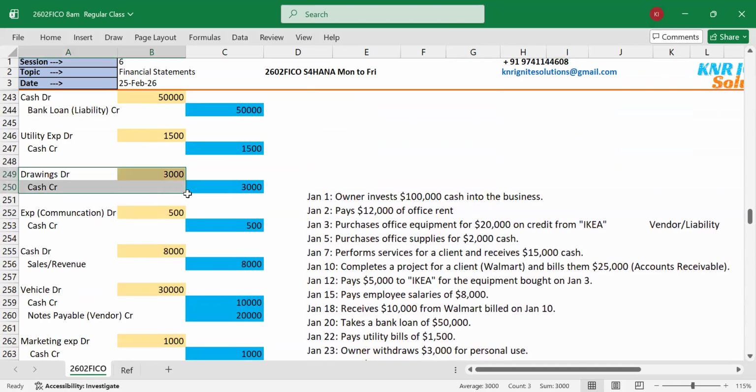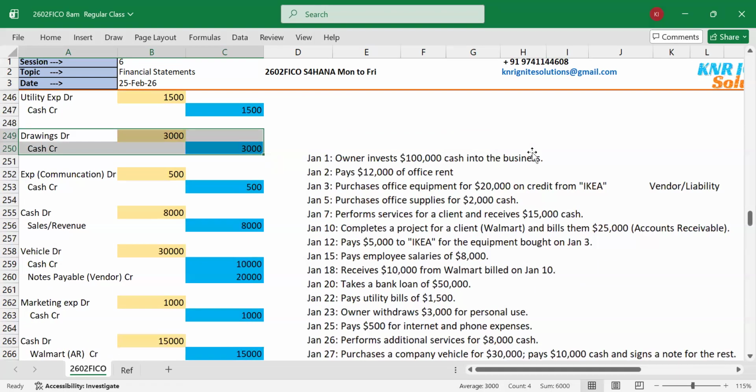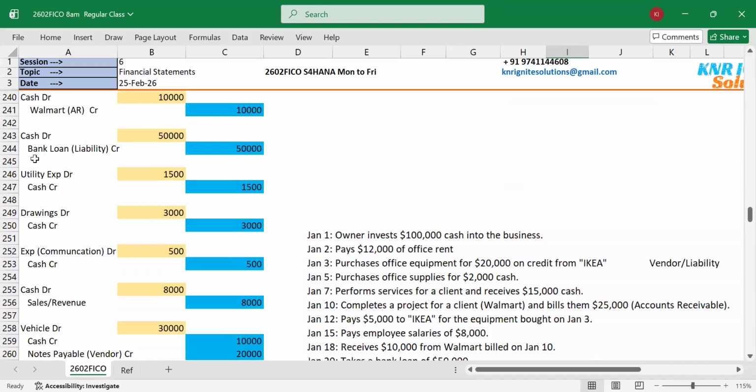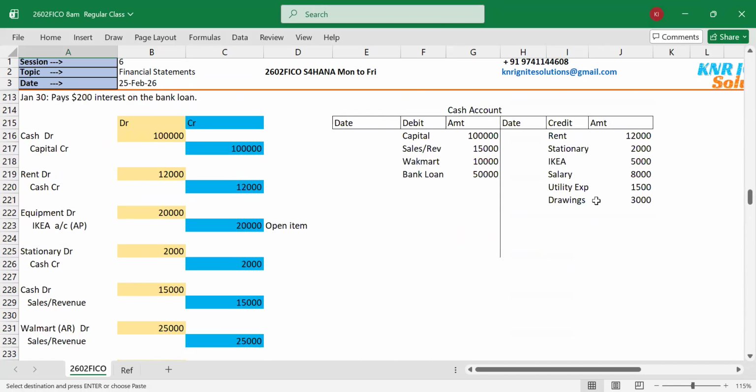Sorry. Drawings, cash is getting credited. So go with the drawings of 3,000. Then we have communication expenses. It's getting again credited 500.